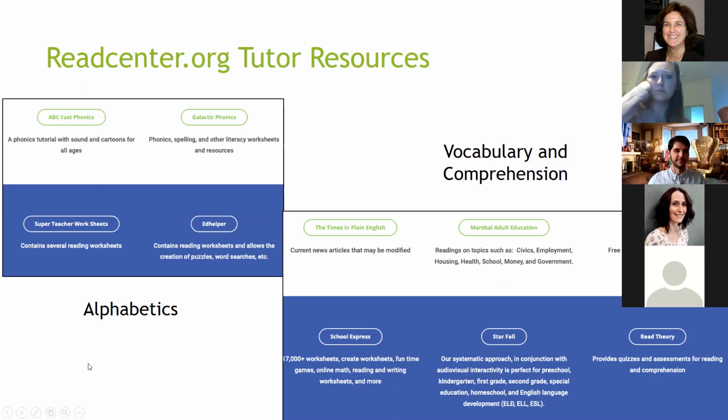So if you're looking for something for your lower level learners, maybe starting here would be a good place just because you have such a variety of topics to choose from, and it's very well organized. So I just wanted to highlight that again. That's readcenter.org and just click on Tutor Resources and that'll take you right to all of that.